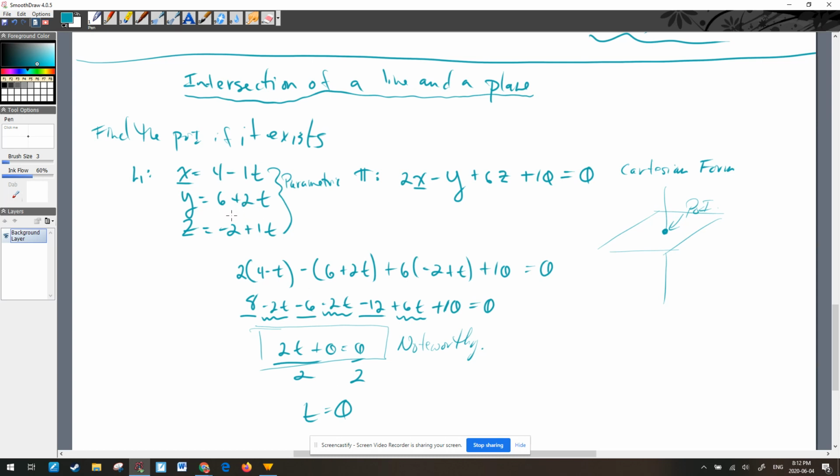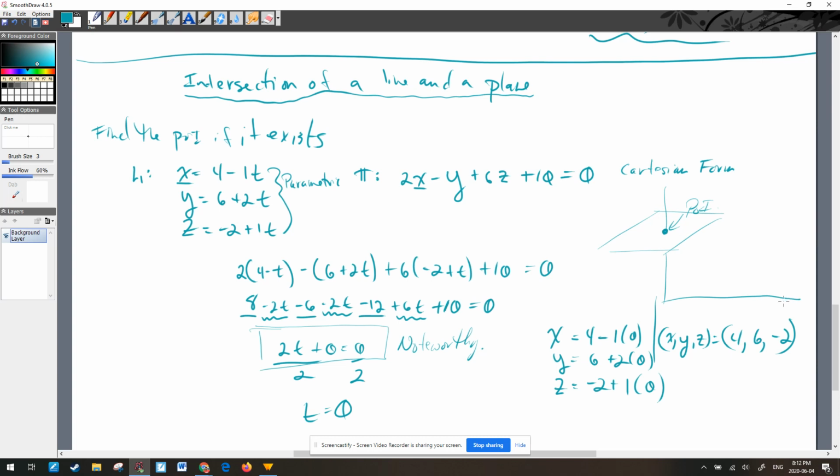If I put the 0 in, I can be really ridiculously explicit about it: x equals 4 minus 1 times 0, and y equals 6 plus 2 times 0, and z equals negative 2 plus 1 times 0, and then simplify. So we get that x, y, z is equal to 4, 6, negative 2, and what we have right here, folks, is our point of intersection. Right there.